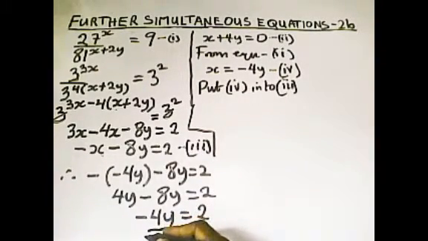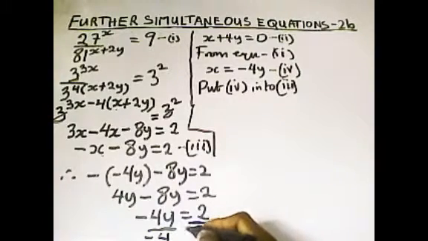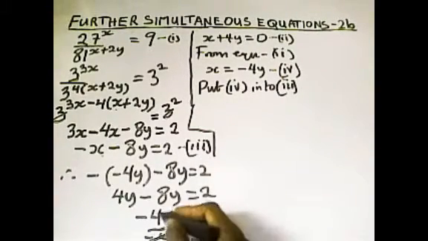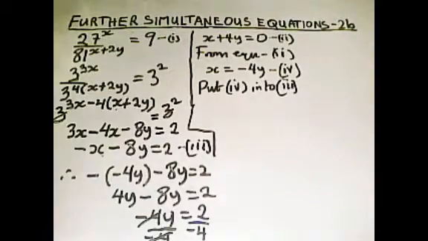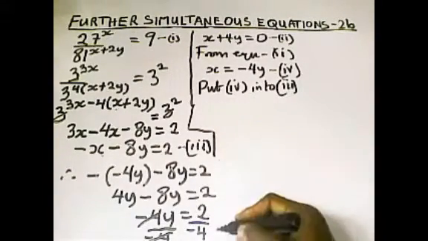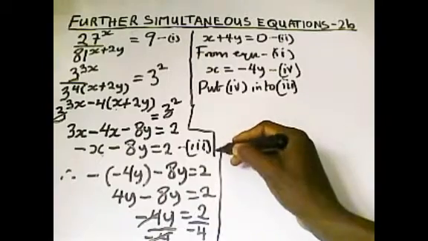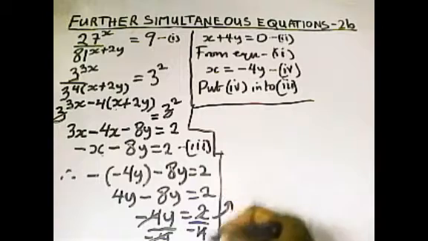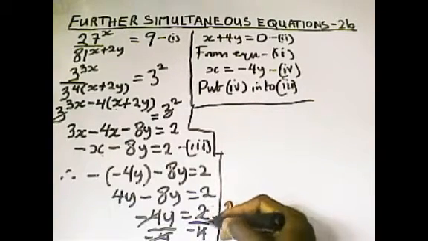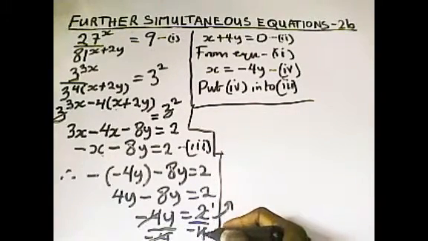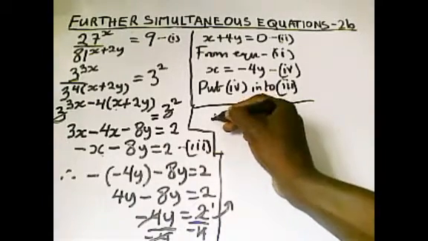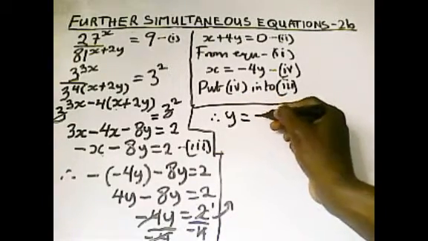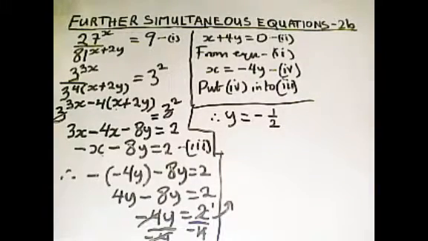We divide both sides by minus 4, and when we do that division, we are going to arrive at the answer. 2 cancels itself, 1 goes into 4, that is 2. You are going to have the value for y as minus 1 upon 2. So that is the value for y.